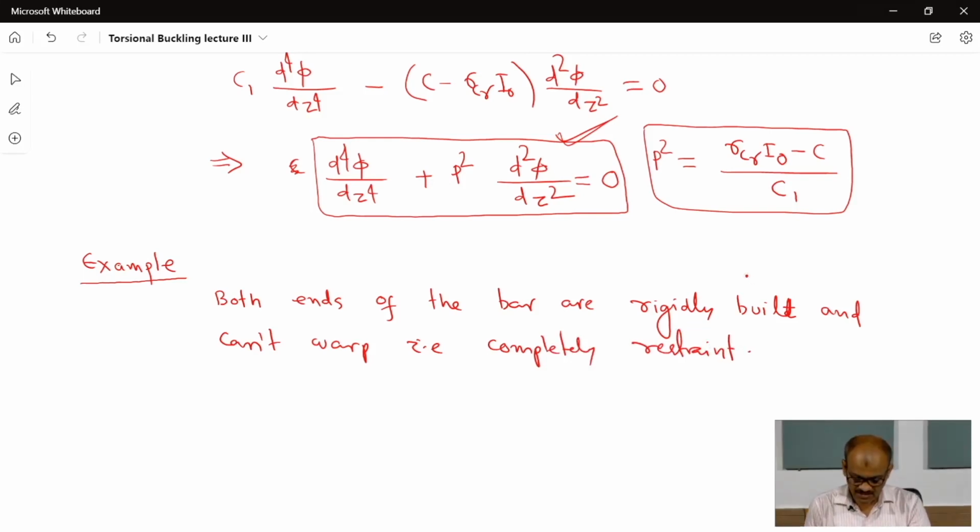For this condition, we will find the expression of the critical load for torsional buckling.